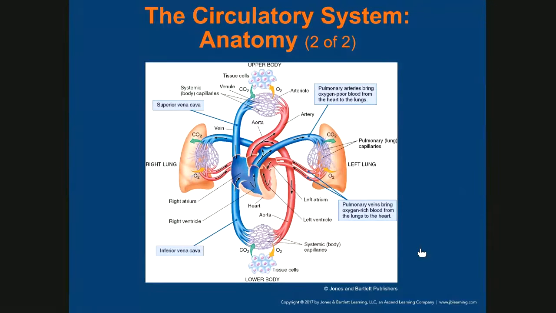Mr. Jennings, go ahead. Yes, it is definitely the left side. Give your rationale.